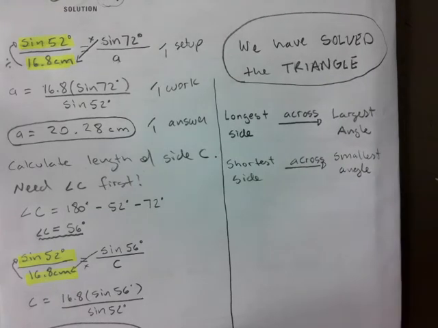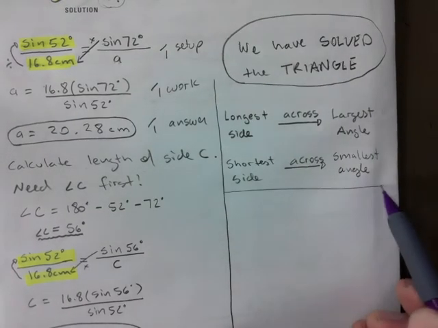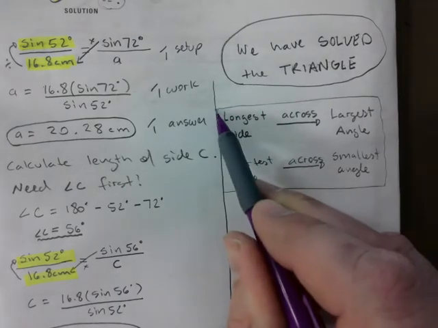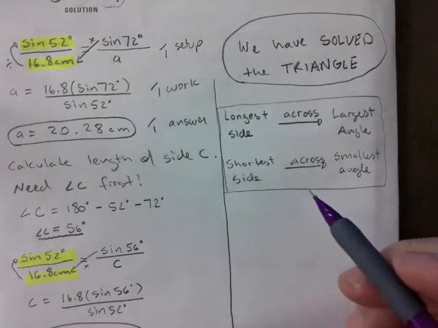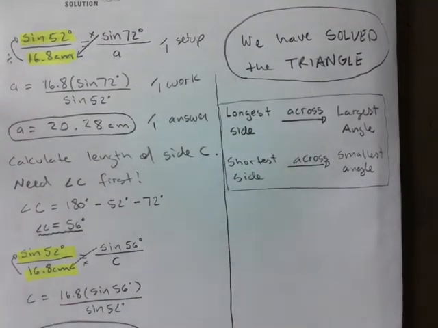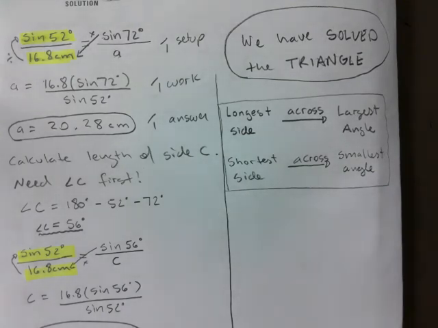So if you do your work and you see, wait a minute, how come I have this answer, but it's across the shortest angle of my triangle? Doesn't make sense. Sorry, the smallest angle. Did I say shortest angle? The smallest angle. Why is that? You should always be able to check. In this triangle, which angle is the largest angle?